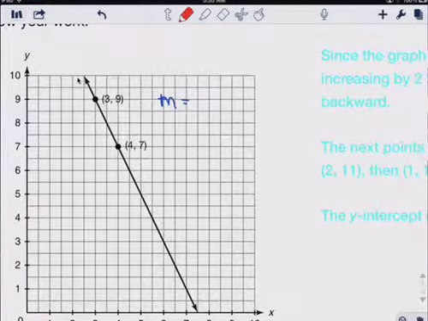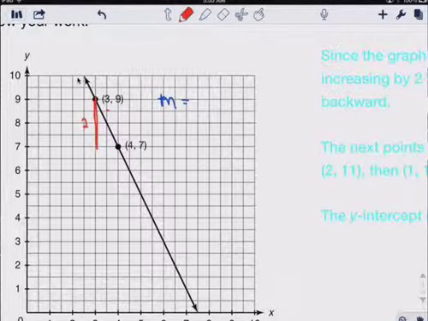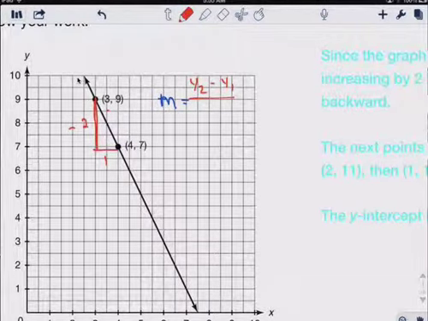Some of you can go, okay, it's going down, from 9 to 7, that's 2 basically, and then 2 over 1, negative 2 because it's going down over 1. Just to test it, we'll use the formula y2 minus y1 over x2 minus x1.